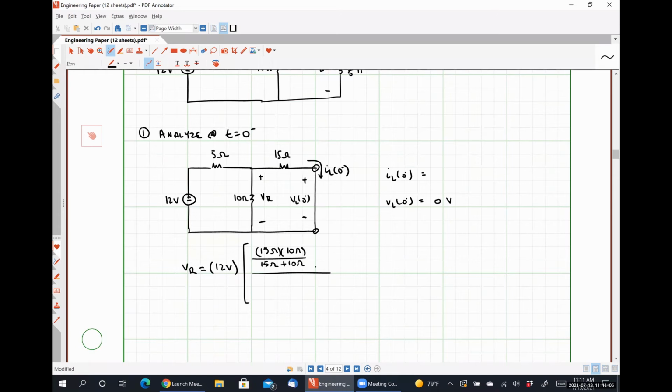So that's the equivalent resistance that I'm looking for the voltage drop over, divided by the total series resistance seen by the voltage source, which would be 5 ohms plus 15 ohms times 10 ohms over 15 ohms plus 10 ohms. So let's see, 150 divided by 25 looks like 6. So that's 12 volts times 6 ohms over 11 ohms.